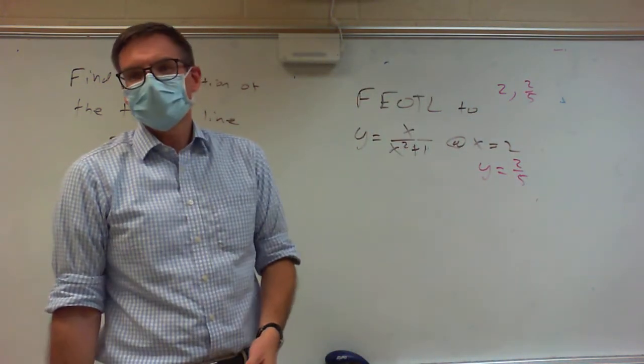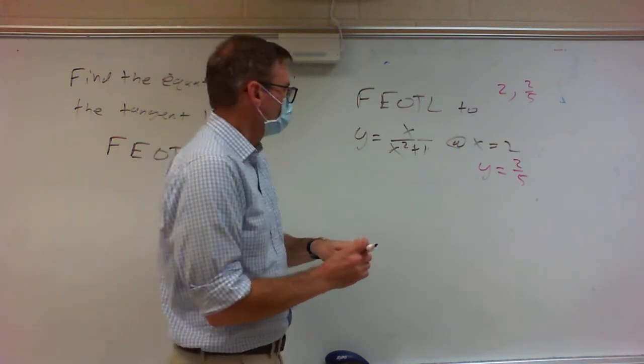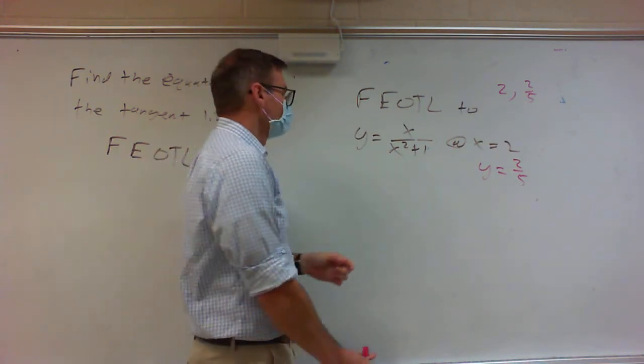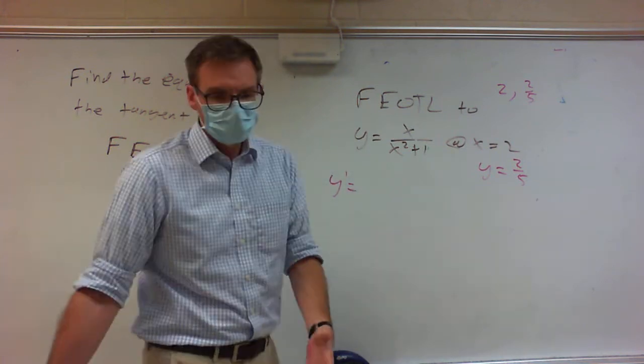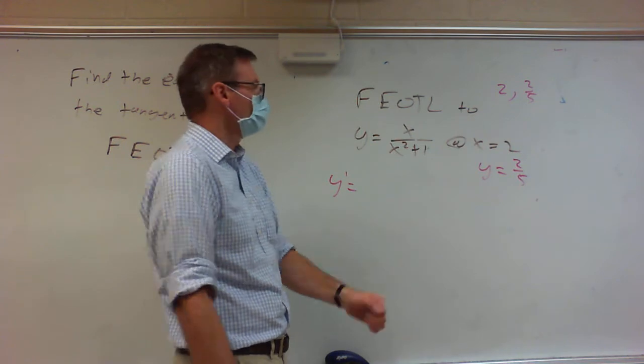Now if I say tangent line, then you've got to take the derivative. And so when I take the derivative of this, I've got a fraction. I get to use quotient rule again. Yay!